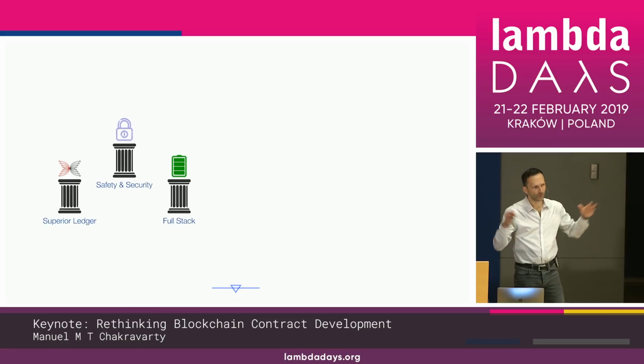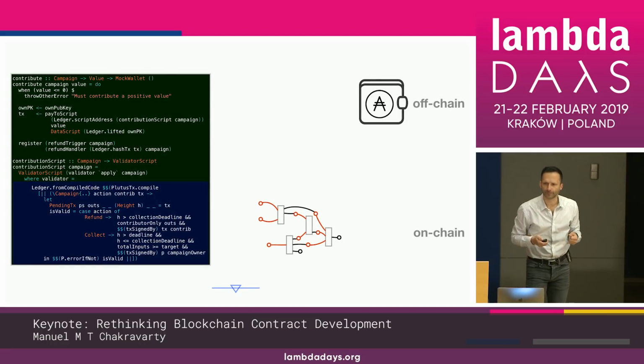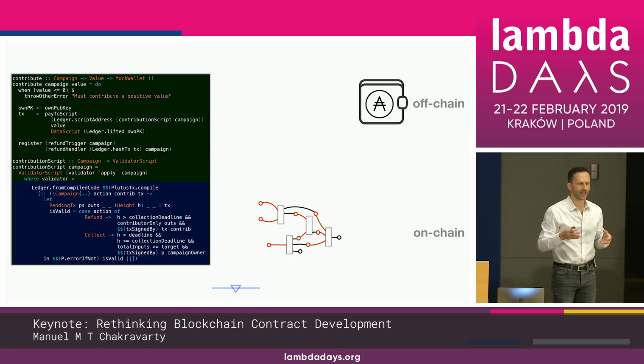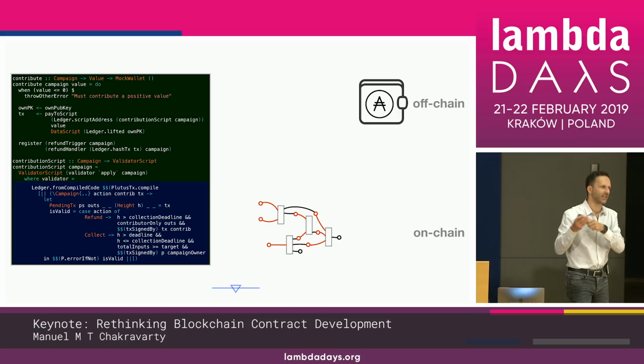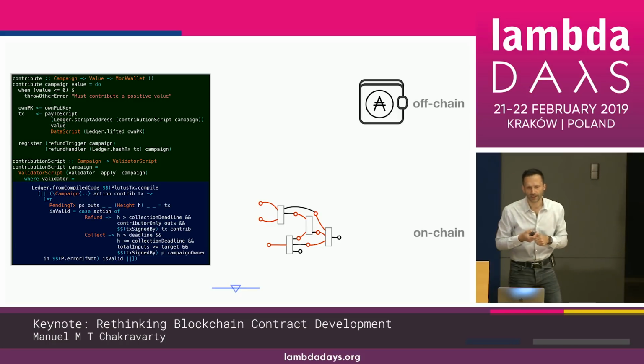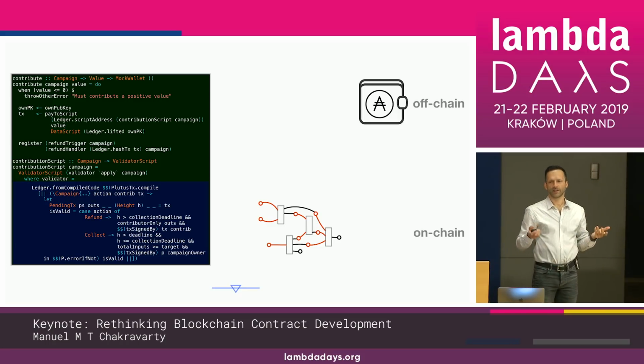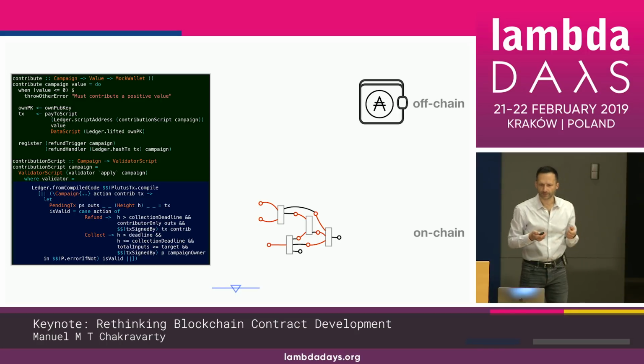Now, what's the overall story here? Well, the overall story is that given this code we've just seen, that's the Haskell code you write as a Plutus developer. You're just writing Haskell. You're a Haskell developer using a particular set of libraries and tools. And you want to run this on the Cardano blockchain, say.